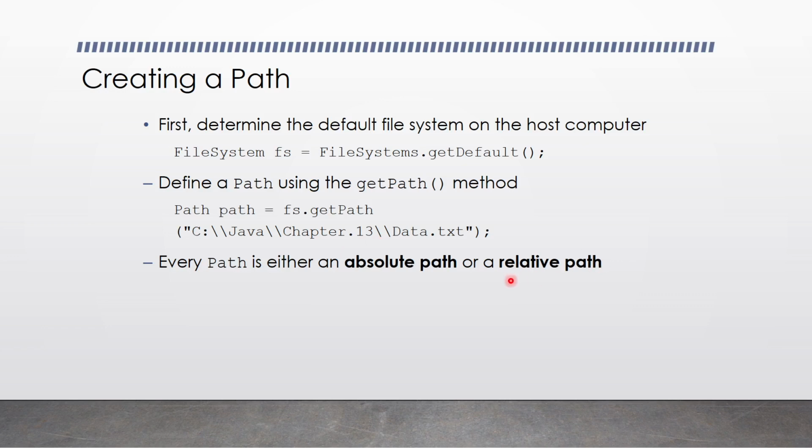Whereas the relative path depends on other path information. A simple path such as data.txt is relative. When you work with a path that contains only a file name, the file is assumed to be in the same folder as the program using it.